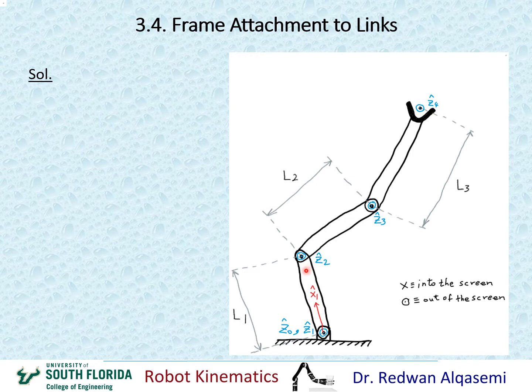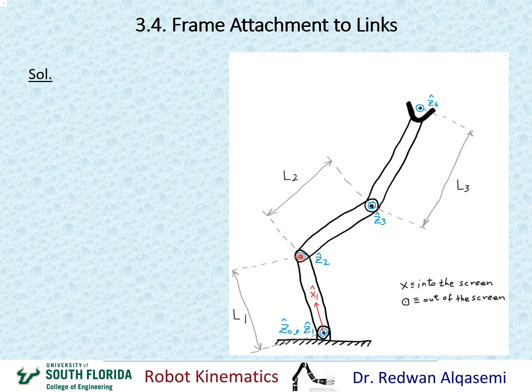Okay, now we're going to go on with X2. X2 is the common perpendicular between Z2 and Z3. Now Z2 is coming out of the screen, Z3 is coming out of the screen. The common perpendicular line is the line that goes through both of these, Z2 and Z3, and is perpendicular to both of them. Okay, so that makes this point the origin of my frame 2.